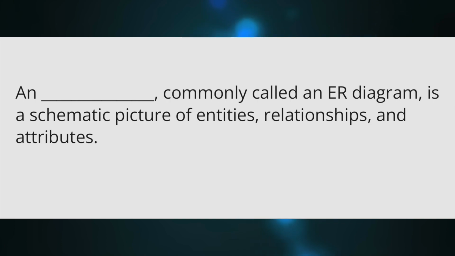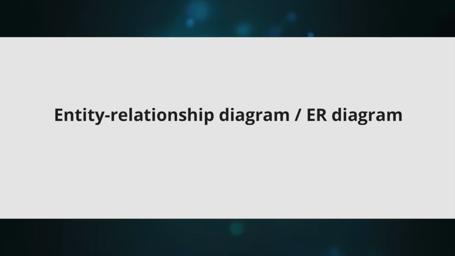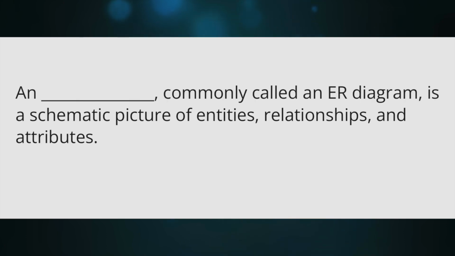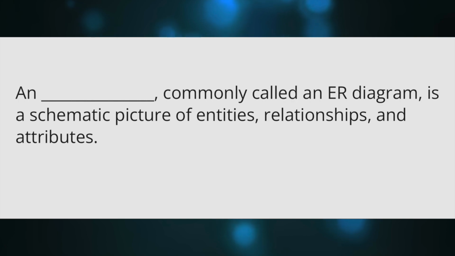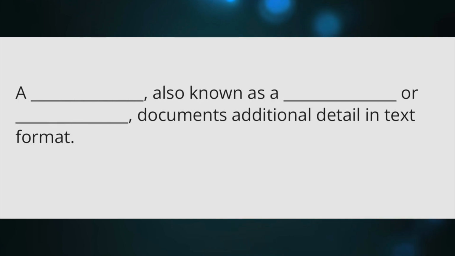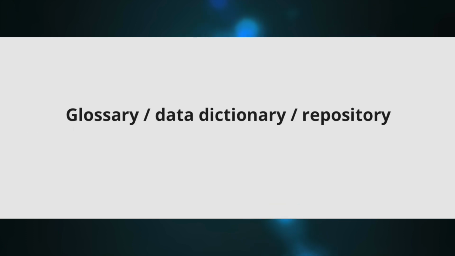I know there are a couple of things like that that are kind of wonky, but it's good enough to roll with, so we're doing it. So again, an entity relationship diagram, ER diagram, is a schematic picture of entities, relationships, and attributes. Cool.